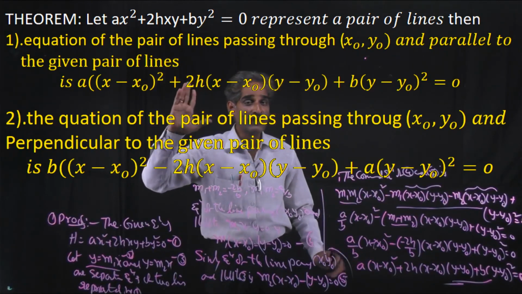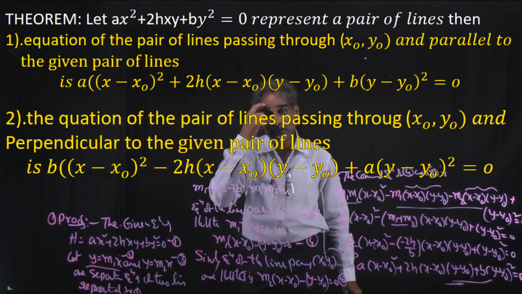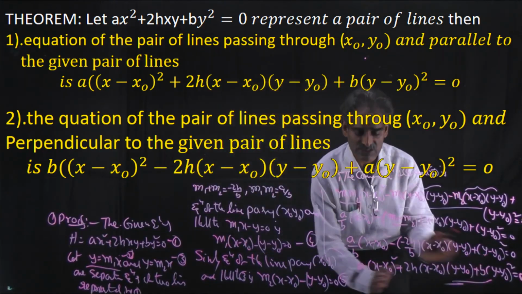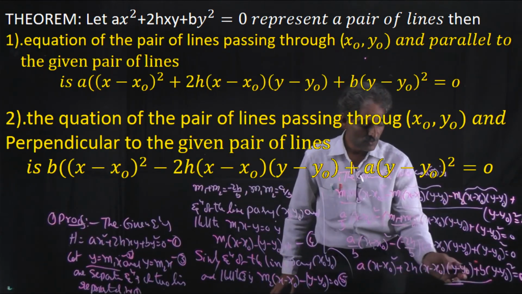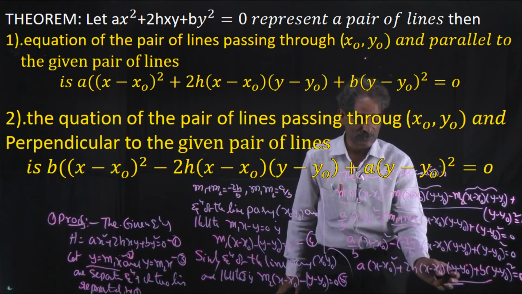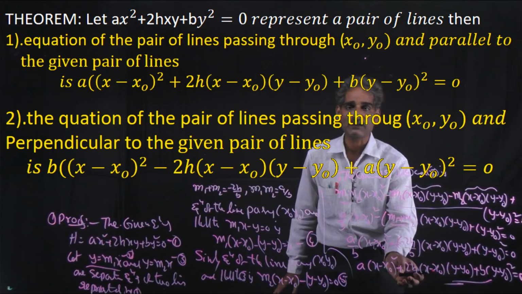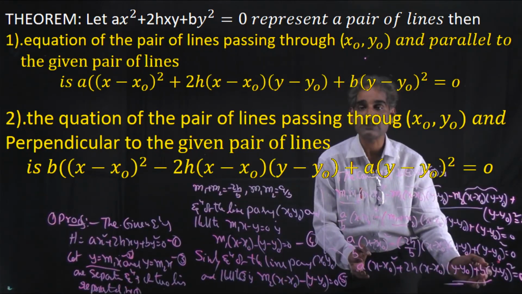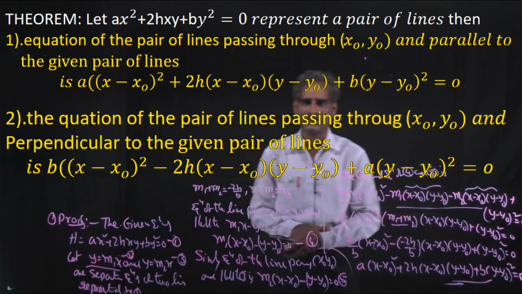If you want the pair perpendicular to the pair of lines and passing through (x0, y0), just interchange the coefficients of x² and y² and change the sign of the coefficient of xy, the opposite sign at the coefficient of xy. Then we will get the perpendicular lines.